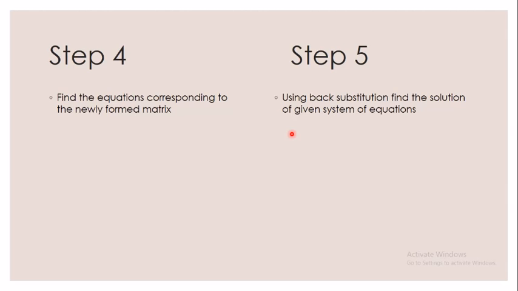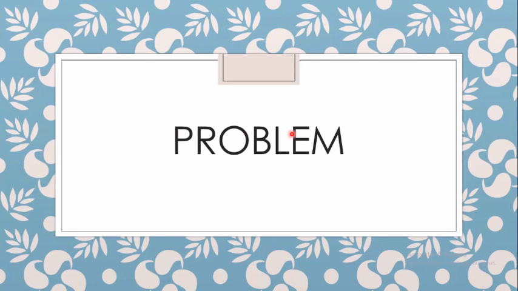After converting the matrix C into what we have said earlier, we can form new equations using back substitution, and we can find the answers for x, y and z. Now step 4 and step 5 will be more clear when we do a problem. So let's move on to a problem.